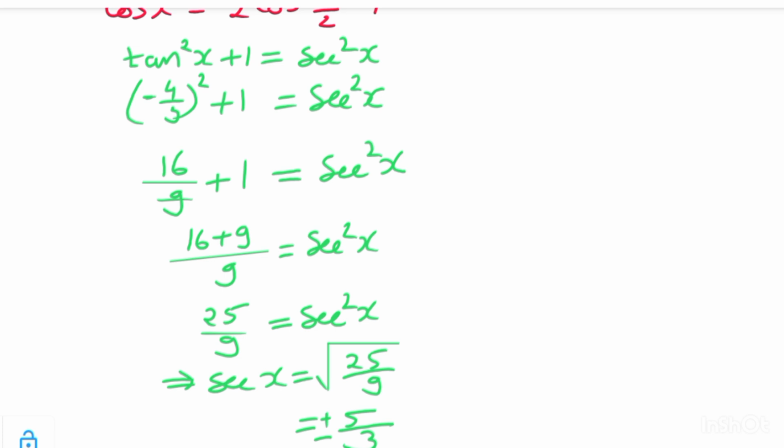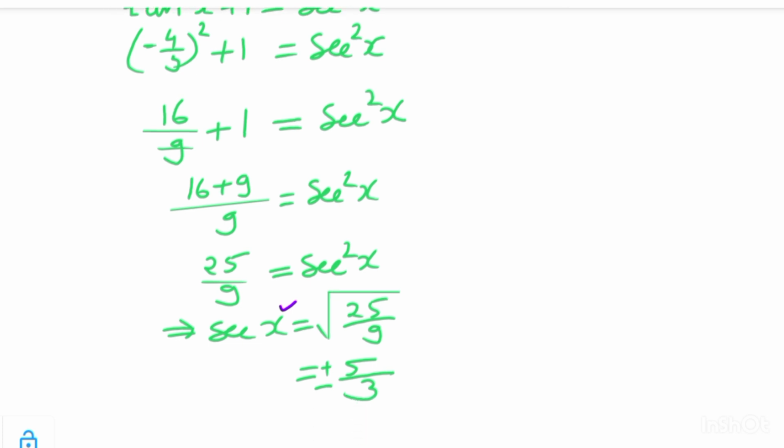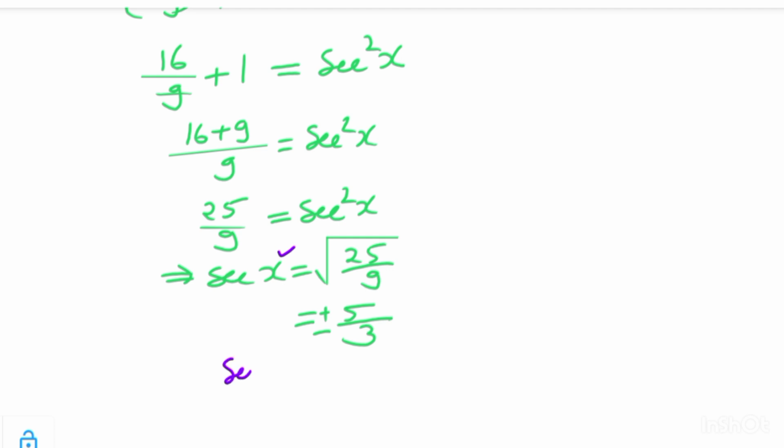Here x is in second quadrant. This is given in the question. X is in second quadrant, and in second quadrant we know that sec is negative. So you will take negative value. Sec x is equal to minus 5 by 3 because x is in second quadrant, right?